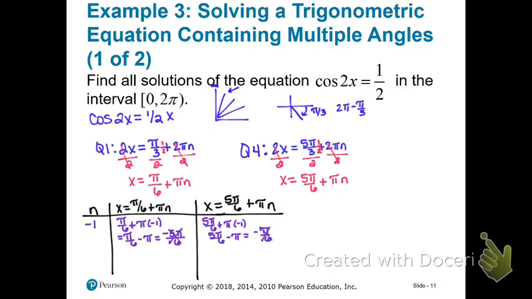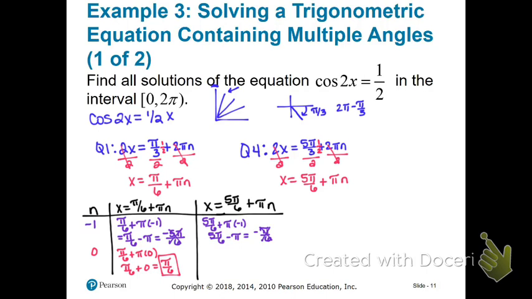So go up 1 to try 0. Plug it in and solve. You should get pi over 6. Is that between 0 and 2 pi? Yes. So it's an answer.